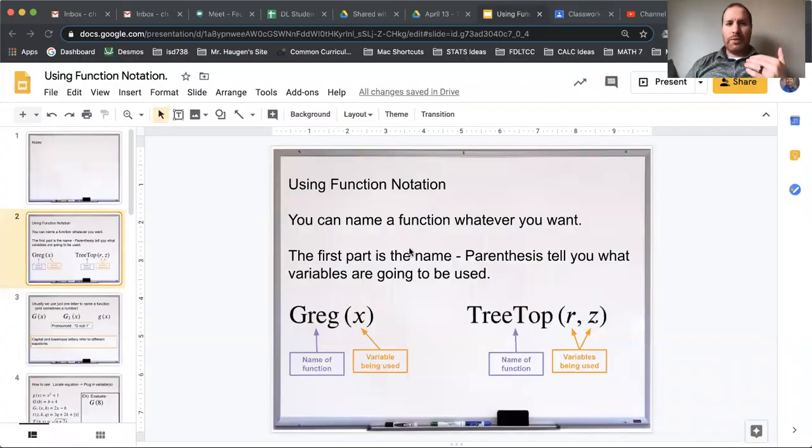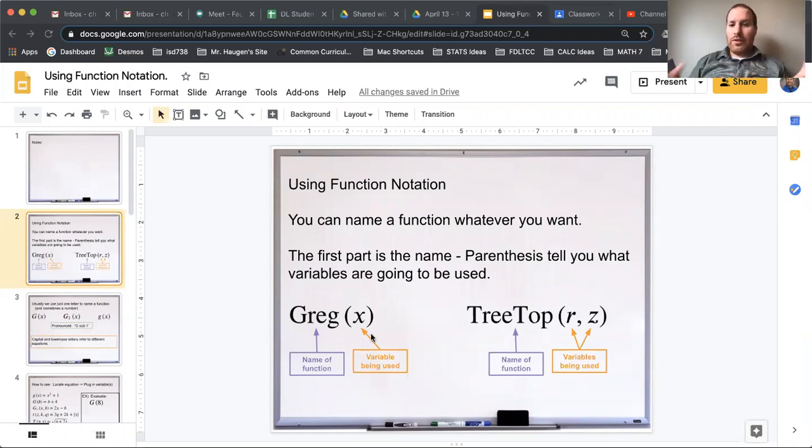So just a little bit of background on some of the function notation stuff here. Using that function notation, I wrote these things in here. This can be what function notation looks like. It's just the name of the function that comes first, and then in parentheses is usually just the variable or possible variables, sometimes multiple, that are being used in the equation or in the function.